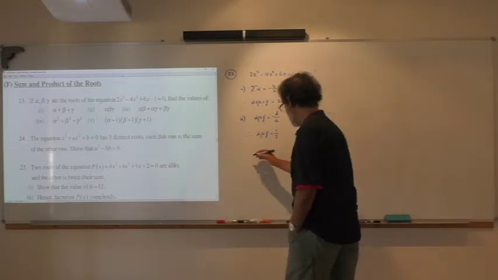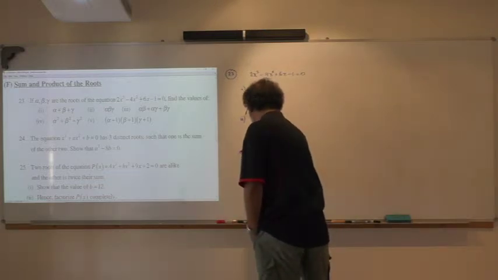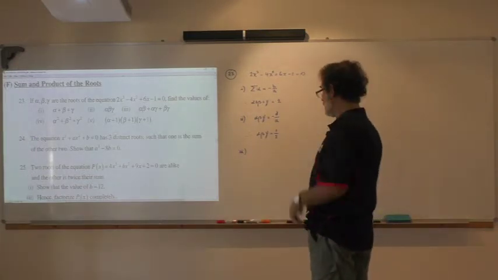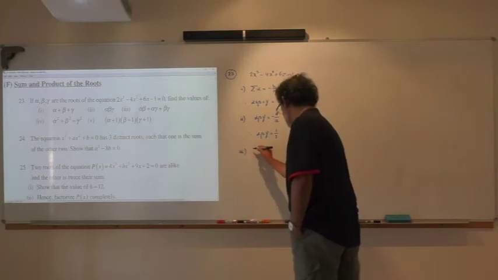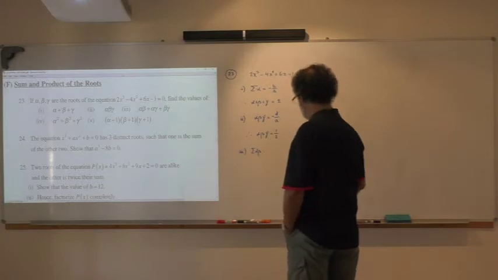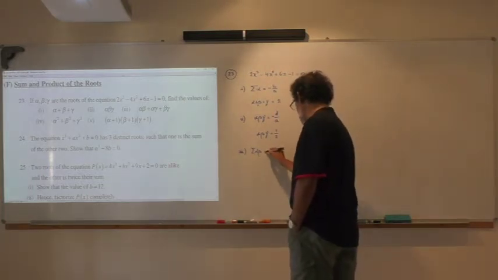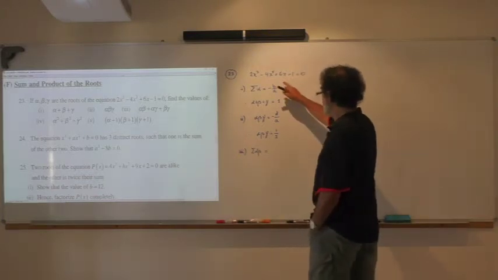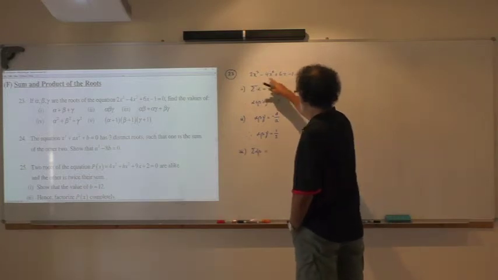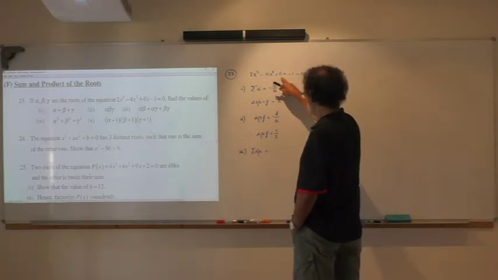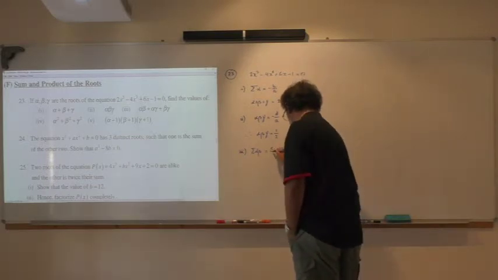And then part 3. When you take them 3 at a time, or 2 at a time, you're going to use this symbol just to indicate that. We know that when you take them 2 at a time and add them, then the answer is going to be positive c over a.